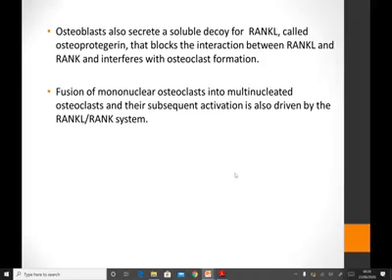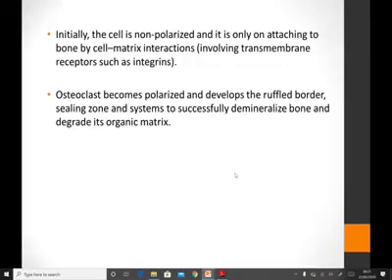So this cell to cell interaction, which basically is controlled by the RANK and RANK L system, is a major factor in controlling the activation and formation of the osteoclasts.